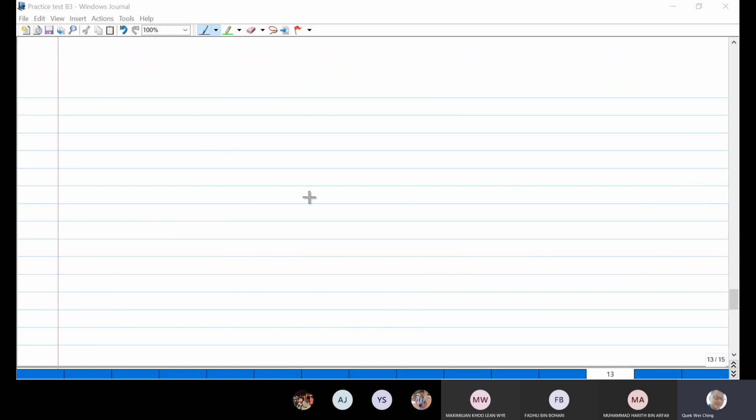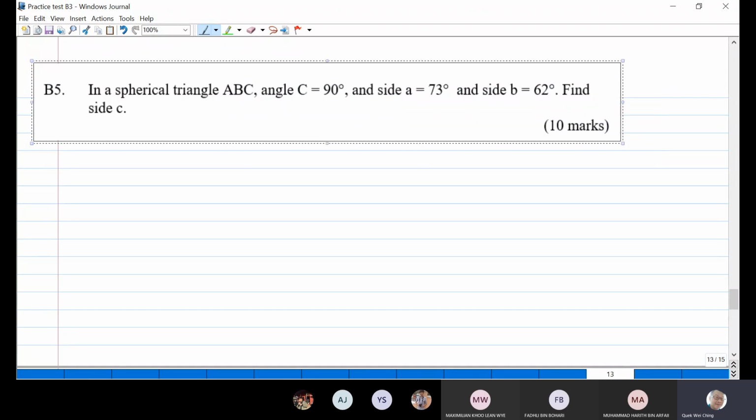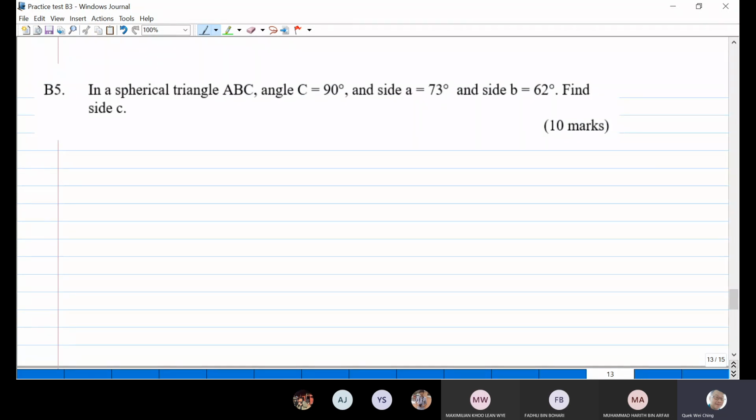So I have one simple question on Napier's rule now. Napier's rule, everyone must know, right? Sometimes also sine law and cosine law, simple sine law and cosine law. So I'll just use Napier's rule as an example.